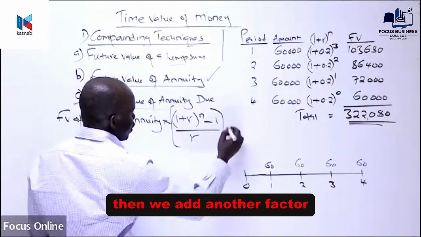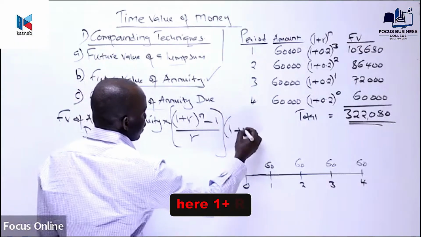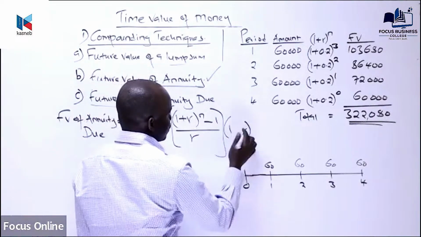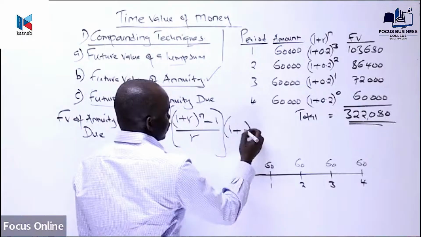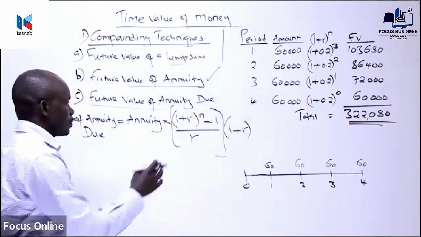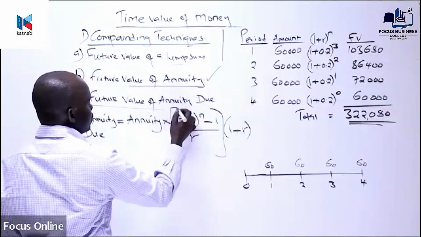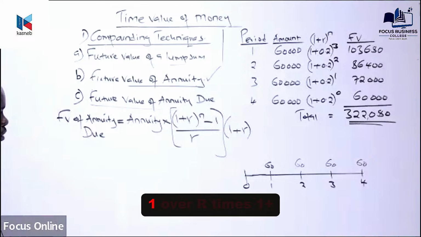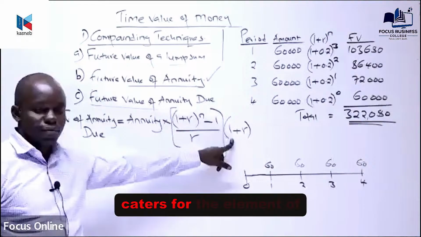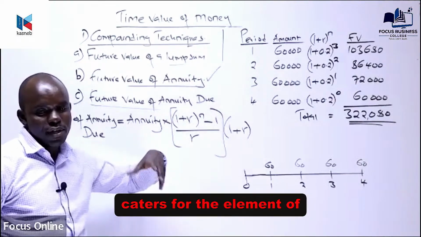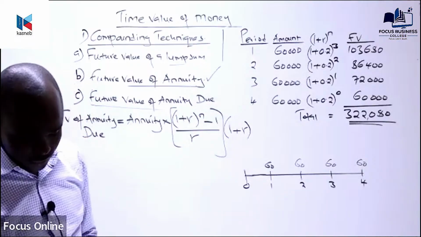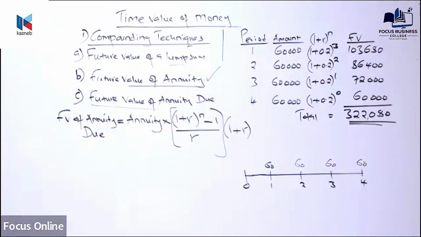Then we add another factor here, 1 plus r. So 1 plus r power n minus 1 over r times 1 plus r. So this is now what caters for the element of investing at the beginning of the period. So you can write that.